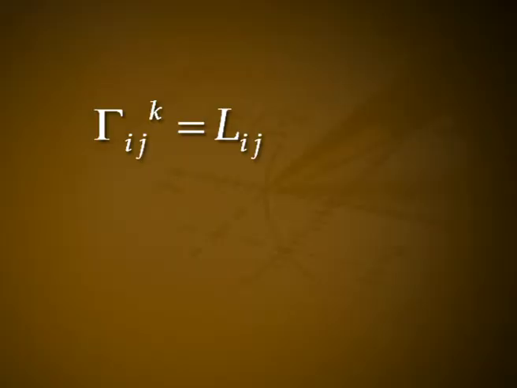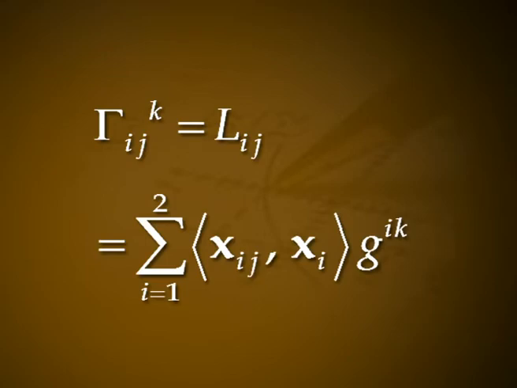The Christoffel symbols are the functions Γ_ij^k, 1 ≤ i, j, k ≤ 2, defined on U by Γ_ij^k = Σ over l = 1 to 2 of ⟨x_ij, x_l⟩ g^{lk}. Since x_ij = x_ji, we have L_ij = L_ji and Γ_ij^k = Γ_ji^k. Then L_ij measure the normal components.